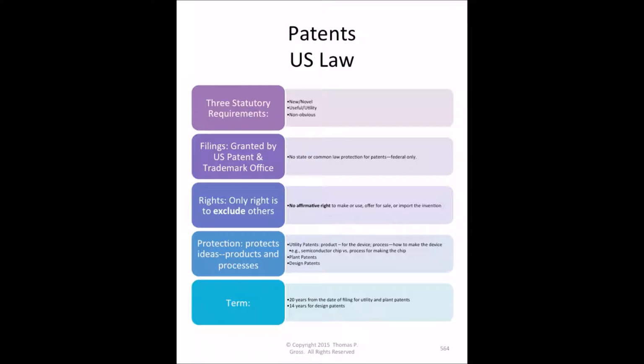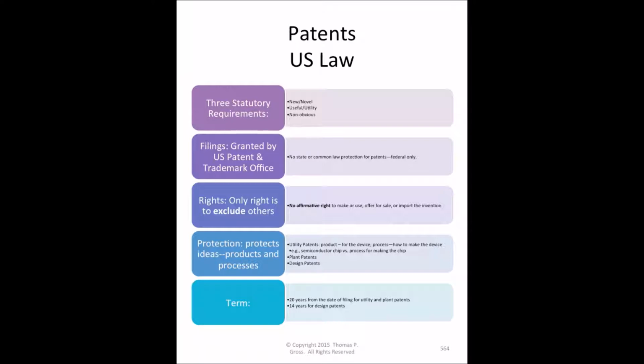You can imagine yourself doing a mathematics problem, you can't figure it out, but once someone shows you how to do it, it's, oh, that's simple, why didn't I think of that? Now it's obvious. So arguing that something is not obvious can be an uphill battle with the U.S. Patent Office, because their argument is, well, that's simple, anybody could see that. But it is the most common ground for limiting or rejecting patent applications.